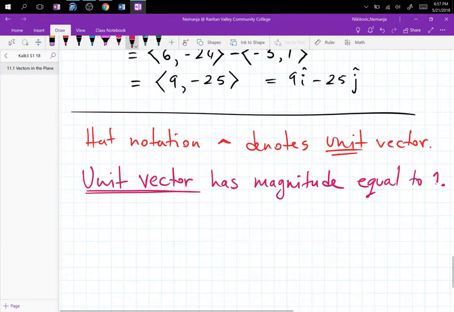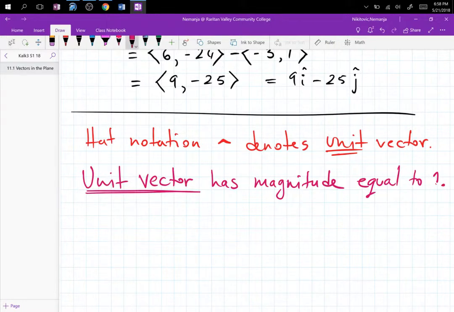We are going to have a lot of these unit vectors around. There will be a unit tangent vector. There will be a normal unit, a principal unit normal vector, and so on. The unit vectors are going to play a huge role in chapters 11 and 12. You absolutely must know unit vector. How to find the unit vector?